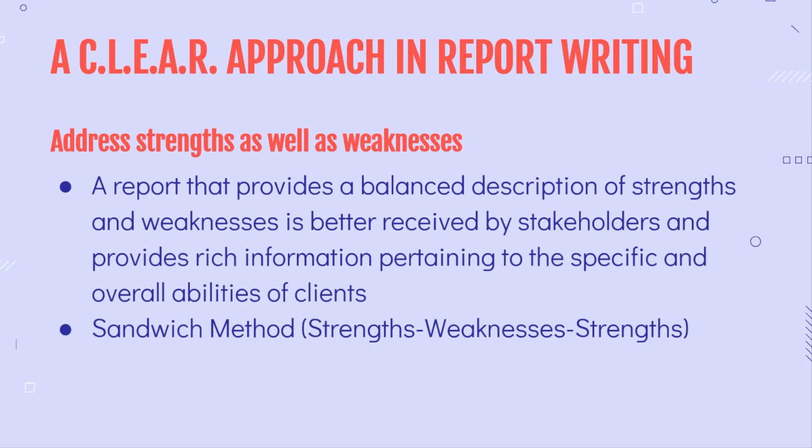You describe first the strengths of the client, then the weaknesses, and then back it up again with the strengths of the client. So that's how we do the psych report. We do not only state the strengths of the client, but we also need to state their weaknesses as well.